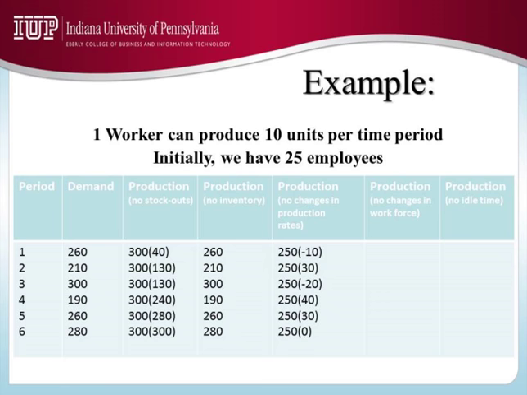So I am not having any changes in production. I won't have any idle time. However, I am hiring and firing, which is changing the workforce. But here it is saying no changes in workforce. So this simple example shows that it is almost impossible to meet all of these objectives.